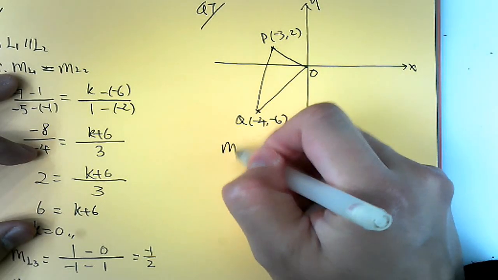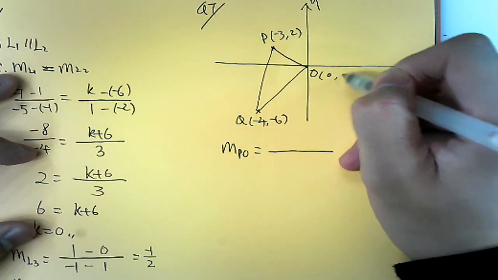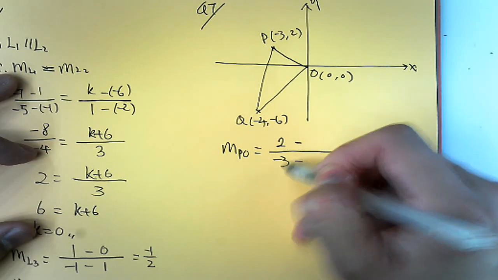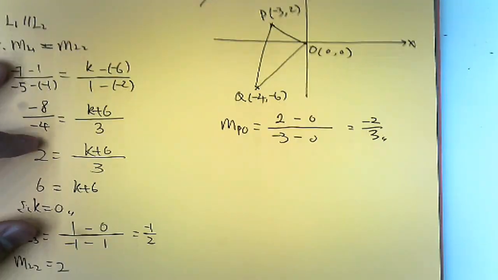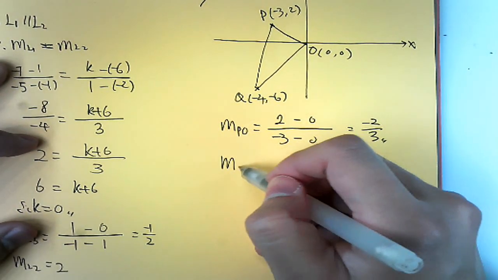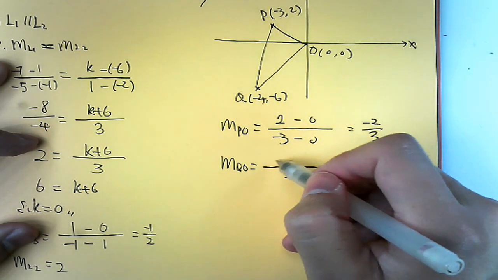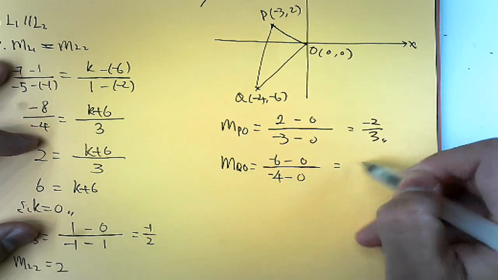So you do PO. The O coordinate here, you can mark it 0, 0, okay? And then you do this, the format, okay? Minus 2 over 3. So QO, minus minus, okay? Minus 6, minus 4, 0, 0, okay?